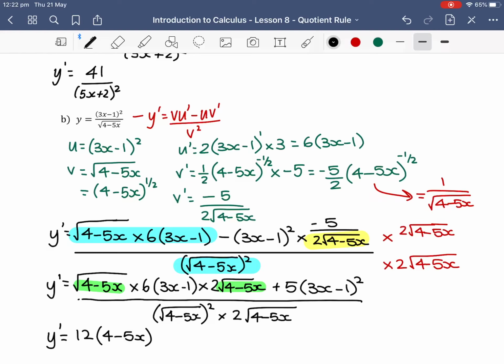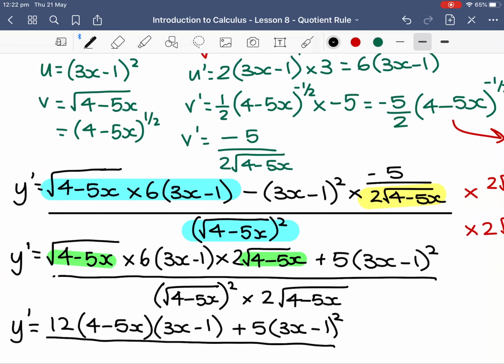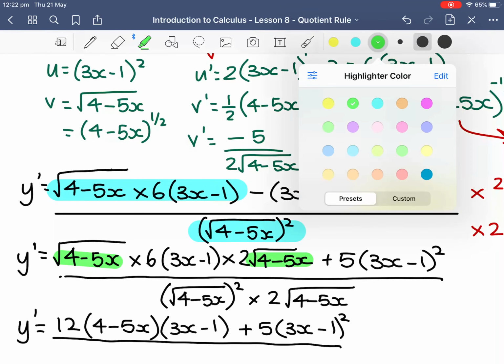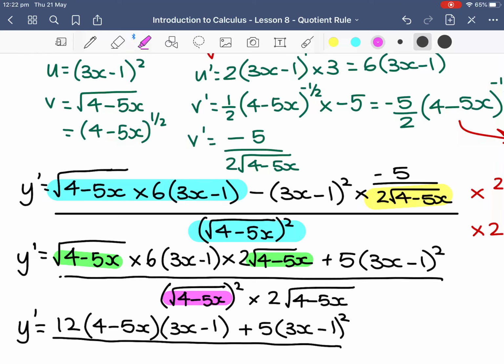So it will be 12 times our 4 minus 5x, which I just talked about how the square roots cancel out, times our 3x minus 1 plus our 5 bracket 3x minus 1 all squared, all over, now, our square root of 4 minus 5x all square rooted cancels out to be just 4 minus 5x in brackets times our 2, so let's put our 2 out the front.